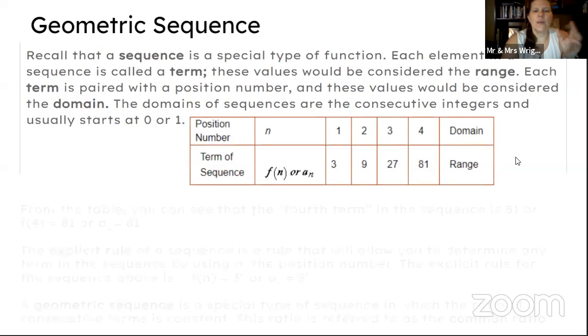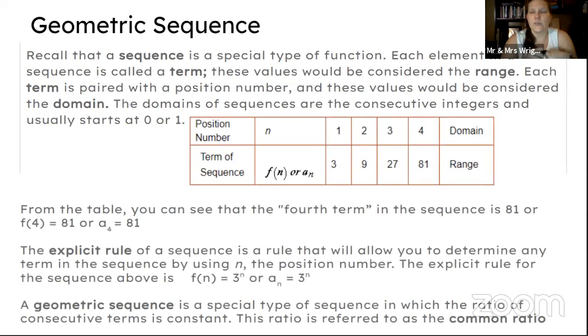So the main thing that makes a sequence a geometric sequence is what we talked about before. We have to know that there is a ratio between them. So they're going to multiply or divide instead of adding or subtracting. So that means that there's a ratio, and how you find the ratio is you divide this later term by the term right in front of it, and that's going to give you the ratio.